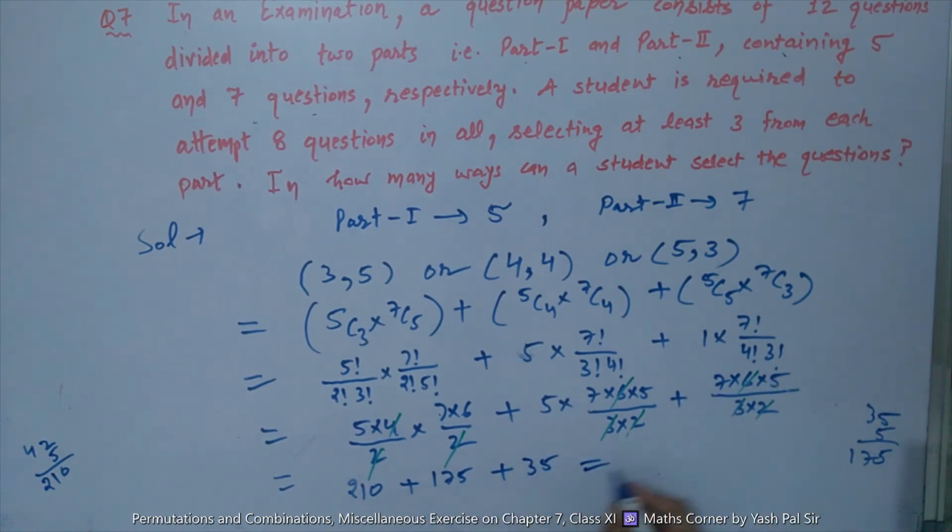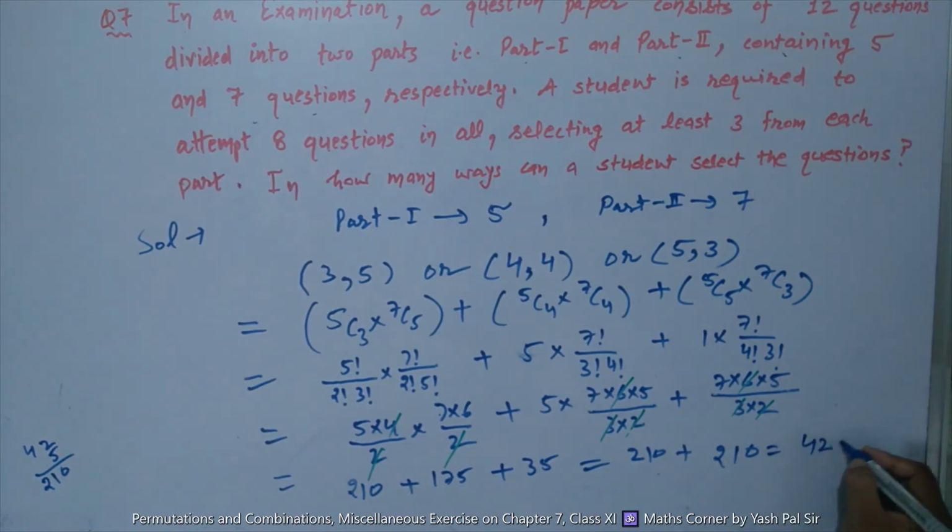So finally this becomes 210 plus 5 5s, 10, 210 is equal to 420 ways.